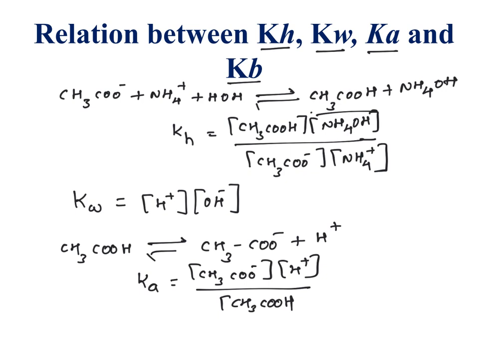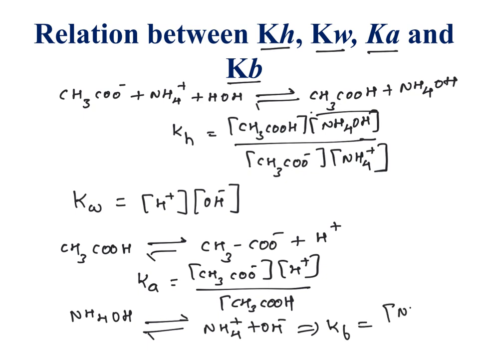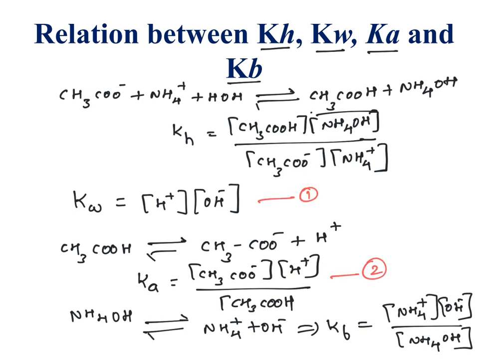Similarly, let's take the base dissociation constant: ammonium hydroxide dissociates into NH4 plus and OH minus. So here I can write Kb equal to concentration of NH4 plus times OH minus divided by NH4OH. This is equation 1, Ka is equation 2, this is equation 3.